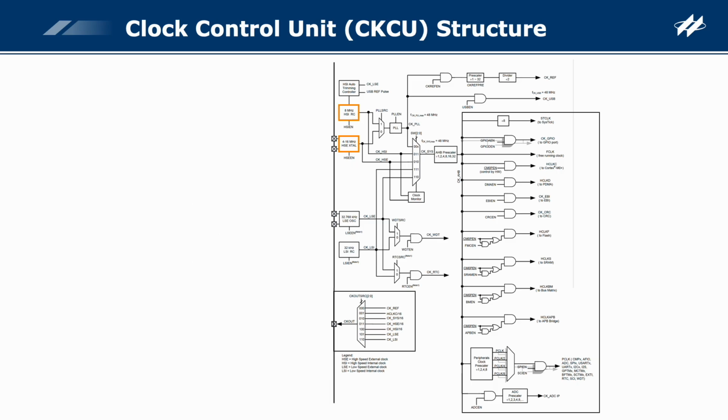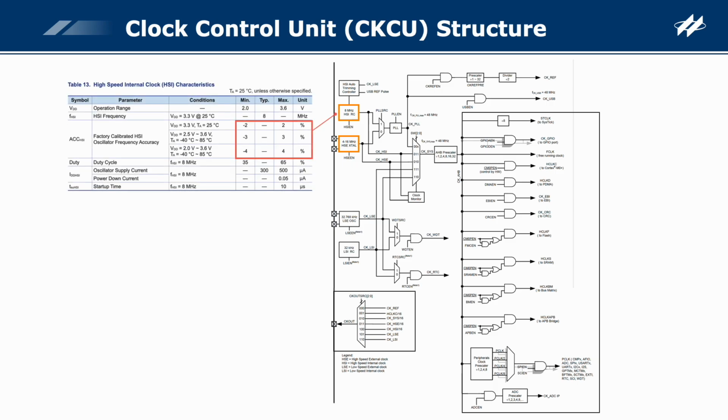Second, the high-speed internal RC oscillator HSI with a fixed frequency of 8 MHz does not require external components, thus it is affordable. The HSI frequency accuracy ranges from -2% to +2% when VDD is 3.3 volts and temperature is 25 degrees Celsius. While the accuracy ranges from -3% to +3% under constant temperature and constant voltage conditions.